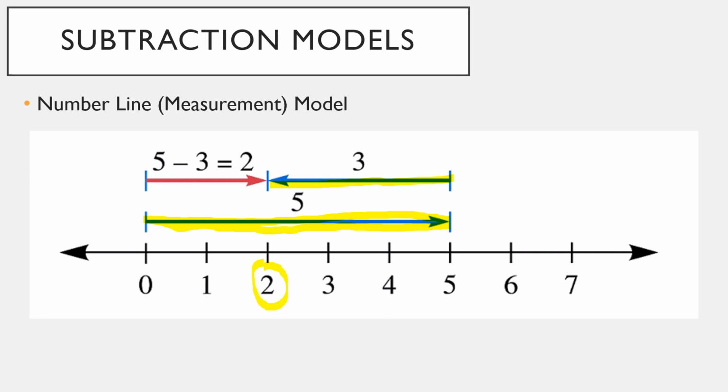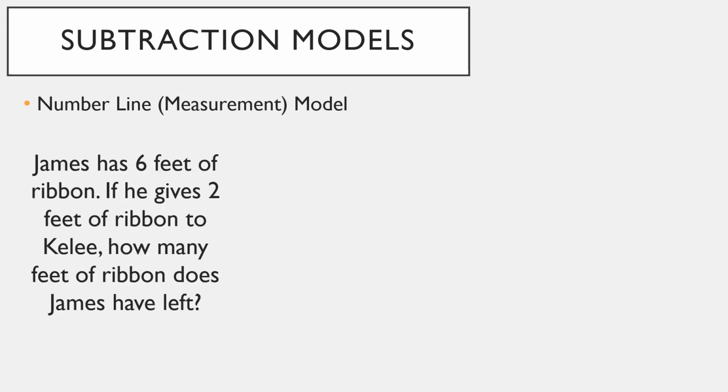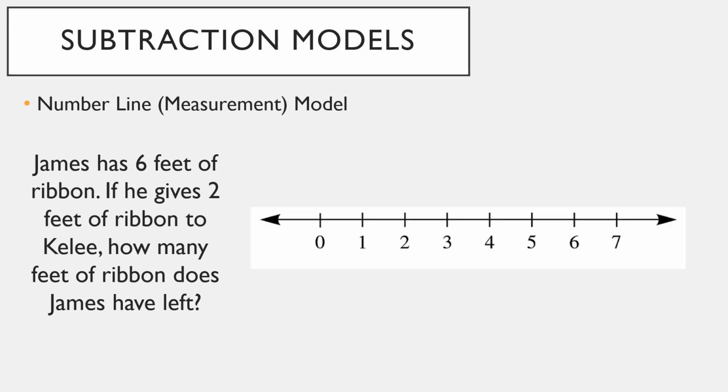This is not my favorite way to draw this, so I created my own picture that I think is a little bit more approachable for students. Let's say we have this problem. James has 6 feet of ribbon. If he gives 2 feet of ribbon to Keely, how many feet of ribbon does James have left? So James has 6 feet of ribbon.